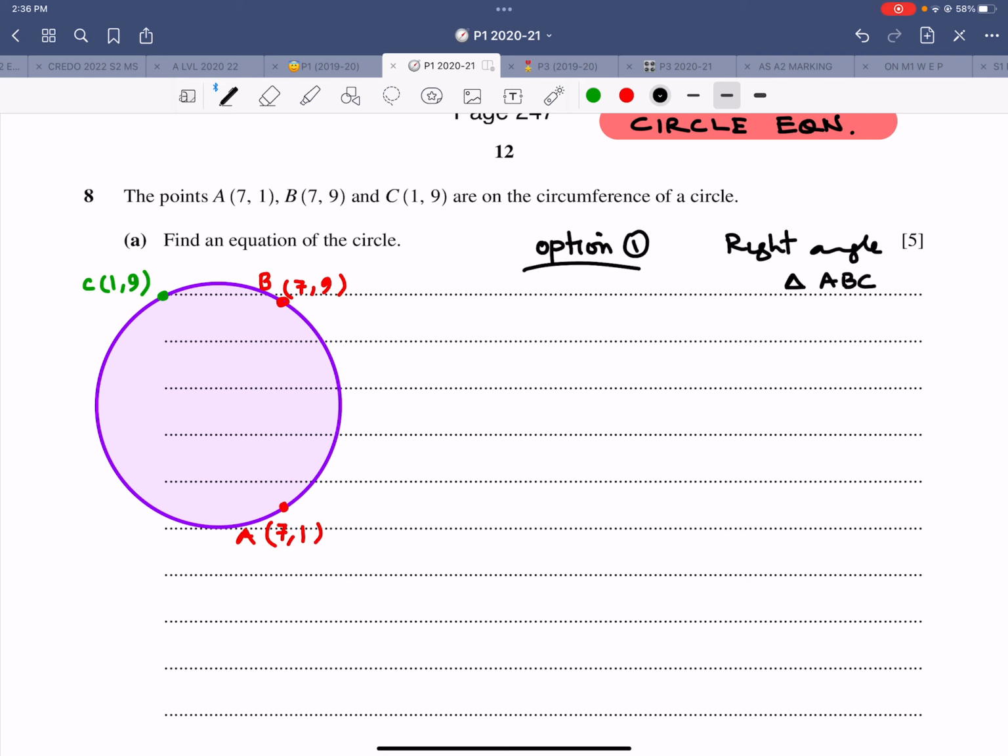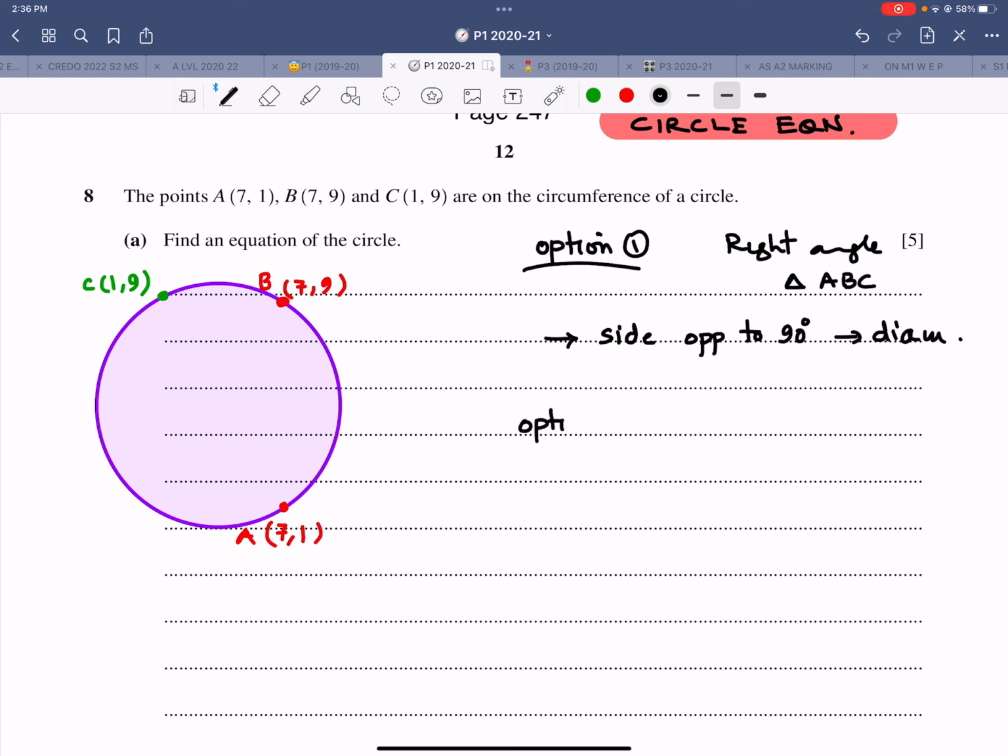If you can prove this, you can say the side opposite to the 90 degree angle is the diameter. That's a circle property: the diameter produces a 90 degree angle at the circumference. If you can prove this, things would follow. You can find the center, you can find the radius, and then you can find the equation.